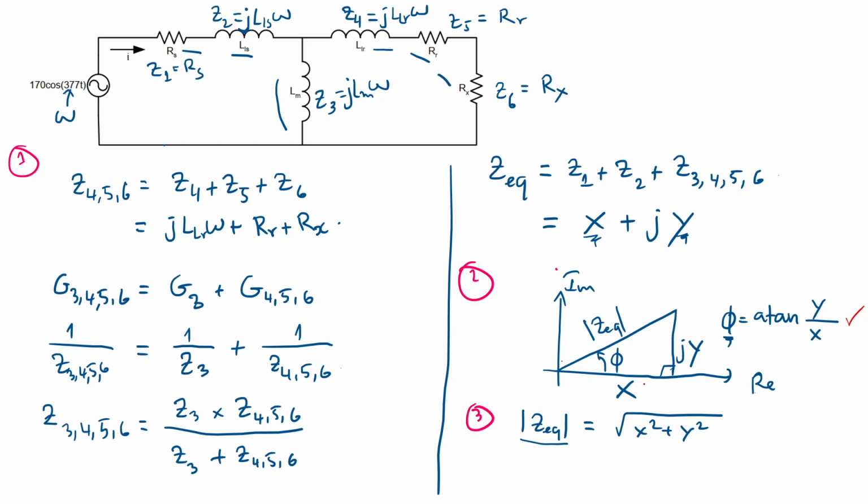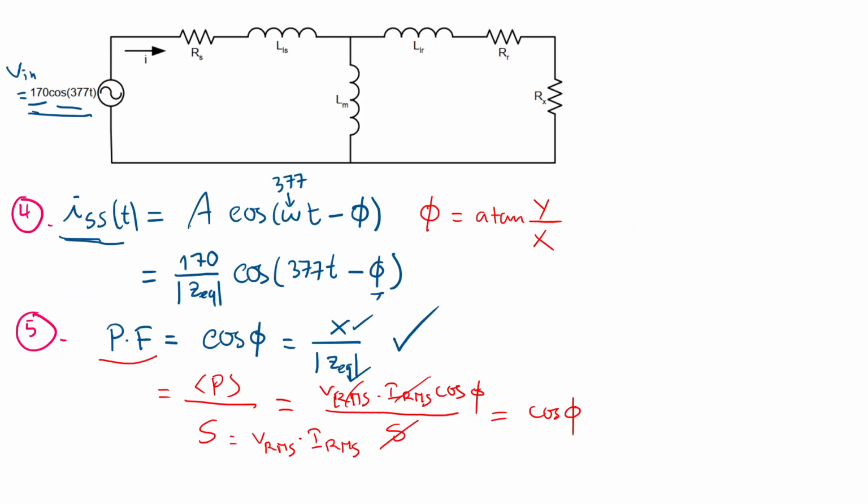The edge of the real part represents the real power, and this part represents reactive power. That's why you can easily find the power factor, which is the ratio of this and this. No, cosine. Yeah, cosine. So cosine is the ratio of this edge over the hypotenuse. Okay. So yeah, it's actually easy if you know the steps very well.